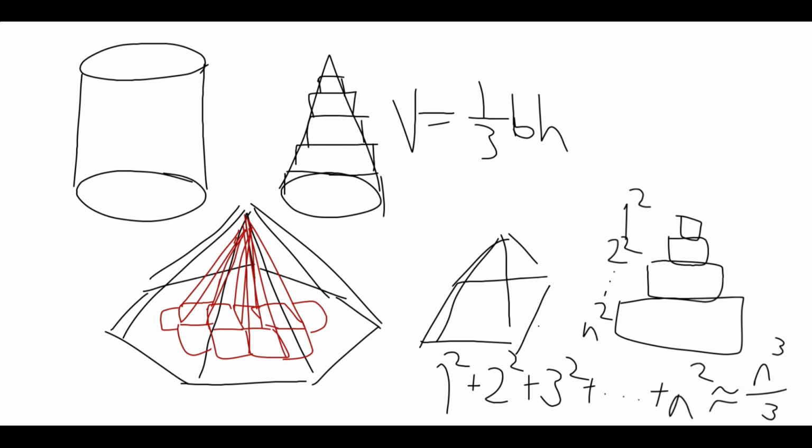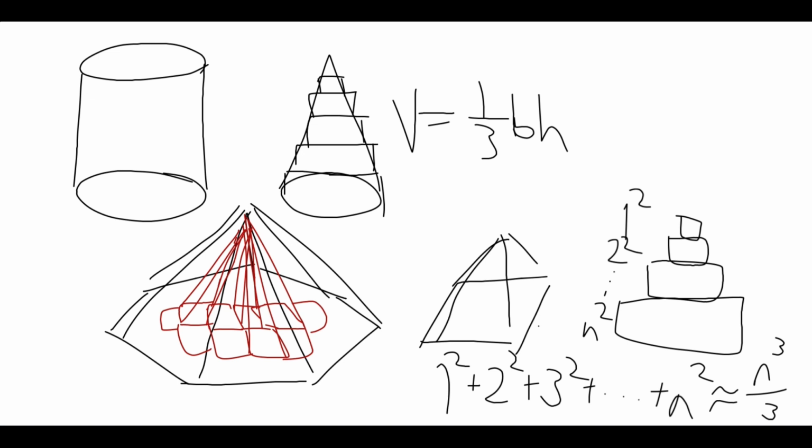You can get an exact formula, but that's not too important. All that really matters is that it's roughly n cubed over 3. So as you take a limit, this approximation gets better and better, and so you end up with 1/3 base times height, where this 3 is where the 1/3 comes from. But of course, in modern day calculus terms, we would say that it comes from integrating x squared. Okay, so that shows that the volume of any pyramid or any cone is 1/3 base times height.